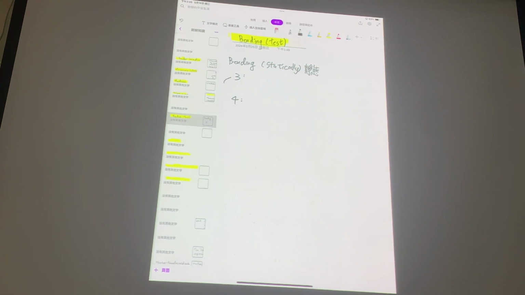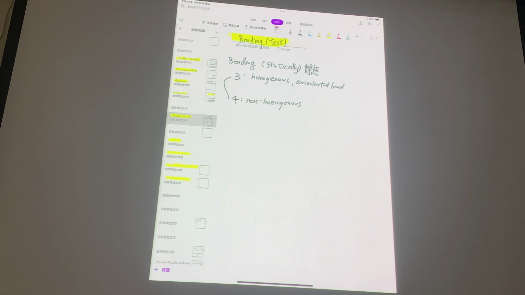When to use which one? So 3-point bending is mostly for homogenized material, and 4-point bending is for non-homogenized material. So normally when you see 3-point bending, you have a concentrated load.